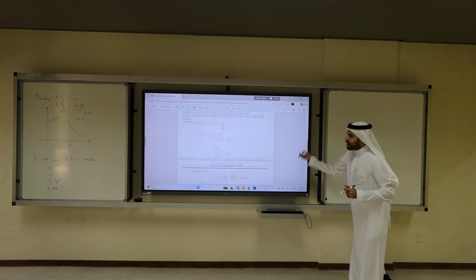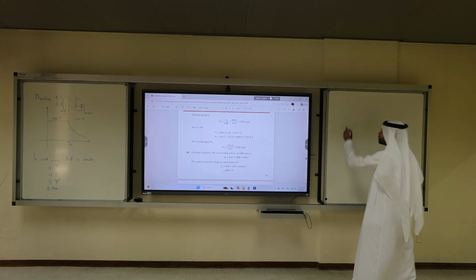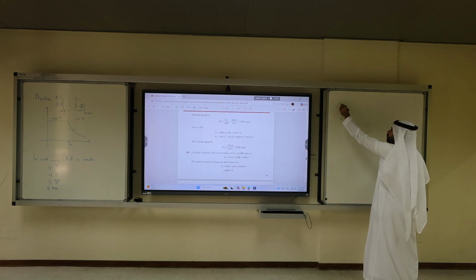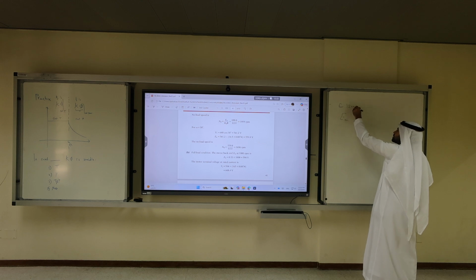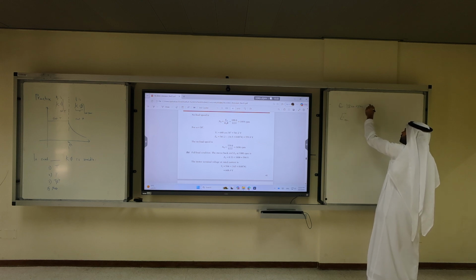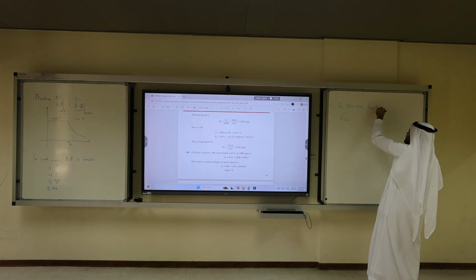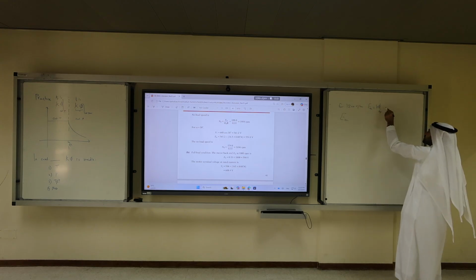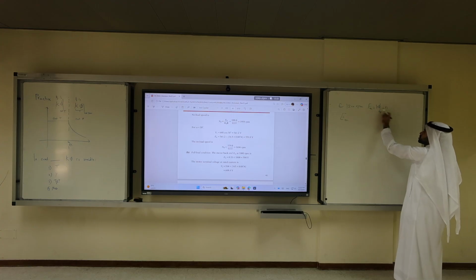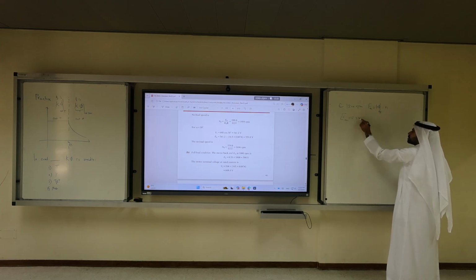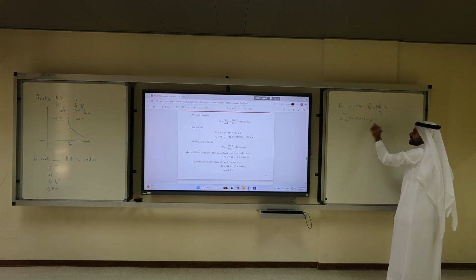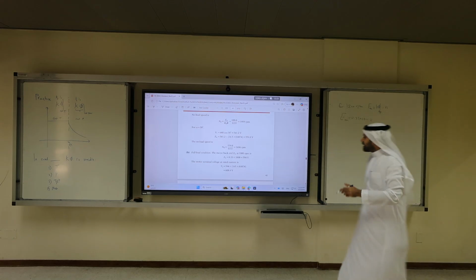Let's solve this problem. So what is EA? So for 1800 RPM, EA equals K flux, this has a unit of V per RPM, times N. So 0.33 times 1800, what is the EA? I think 600? 594.